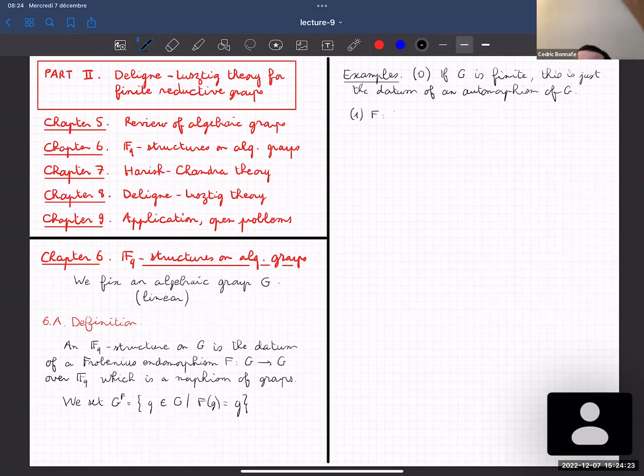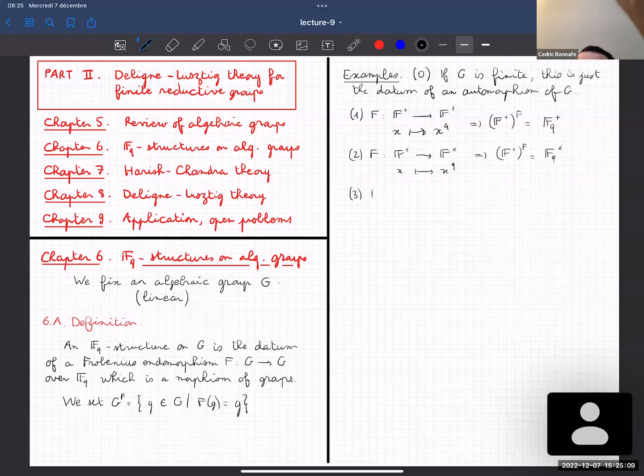Another example is the Frobenius on the additive group G_a that sends x to x^q. And in this case, the group of fixed points is just the additive group of F_q. Similarly, you have the same map that works over the multiplicative group G_m, endowed with multiplication. And in this case, of course, the fixed point subgroup is F_q^*.